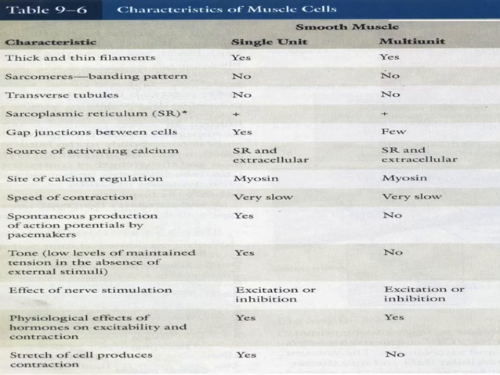You see there are certain features which are common in the multi-unit and single unit, while some are differentiating features, like the number of gap junctions in the single unit smooth muscle is much more than present in the multi unit.